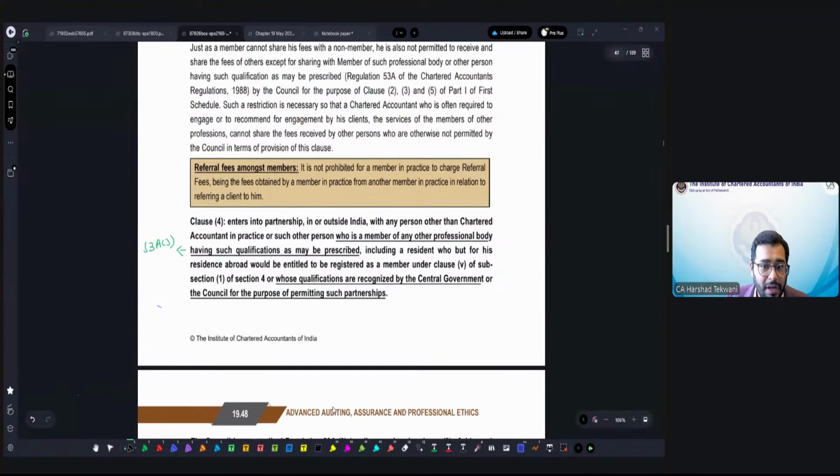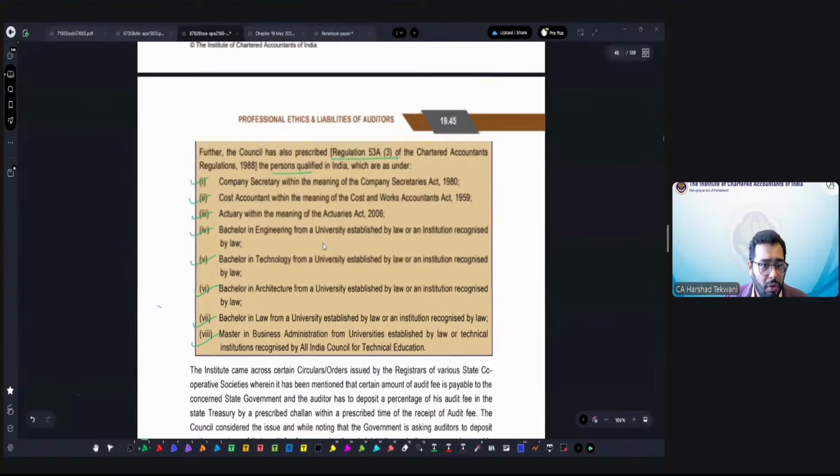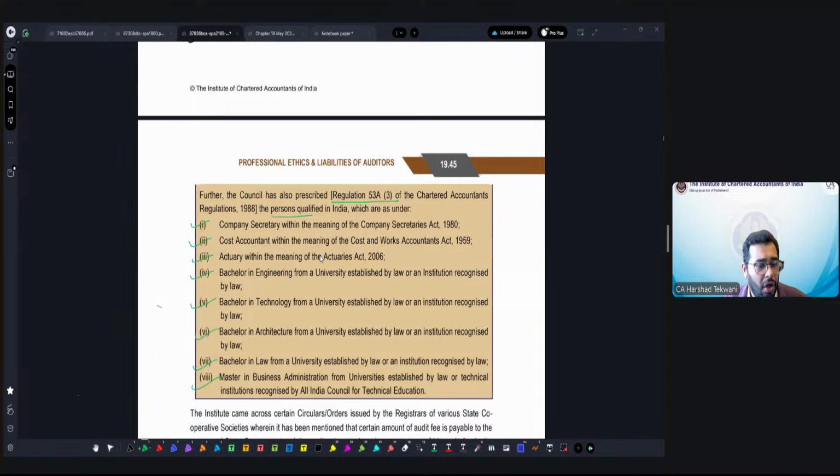That means this particular part, member of any other professional body having such qualification, so qualification, member, and professional body is also given in 53B. 53A3 we have already seen, only qualifications: company secretary, cost accountant, actuary, bachelor in engineering technology, architect, bachelor in law, masters in business administration.